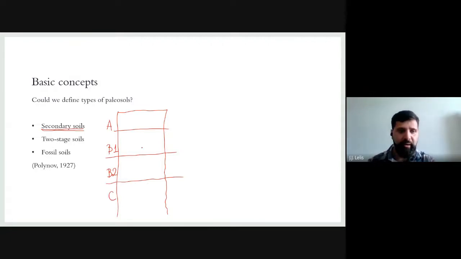We saw that the A and B1 horizons have particular characteristics, like 2:1 minerals, illite and smectite, a high pH, and a high cation exchange capacity.